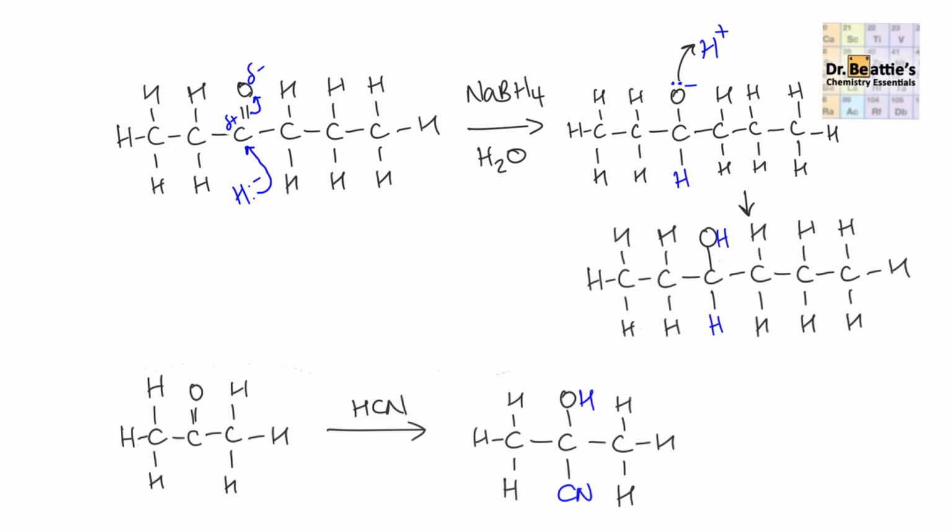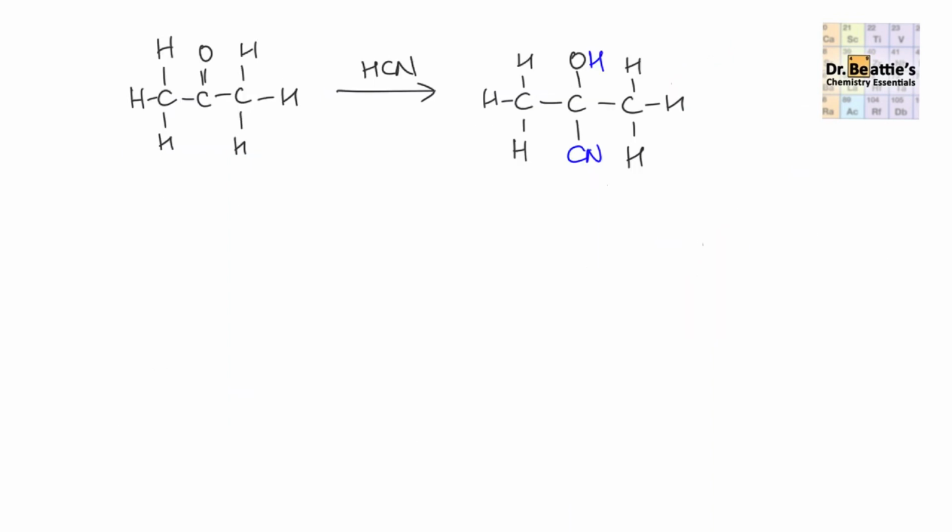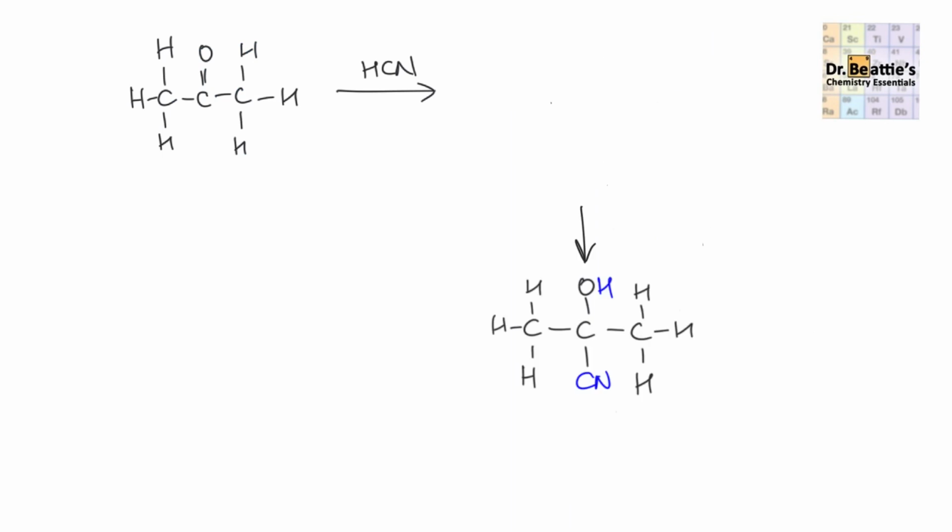Now, the mechanism for the hydrogen cyanide involves the addition of the cyanide nucleophile. It follows the same pattern. We need to put the electronegativity on the carbonyl. Draw our nucleophile, this time C triple bond N, lone pair on the carbon, negative charge there. Then we show the electrons attacking that carbon.